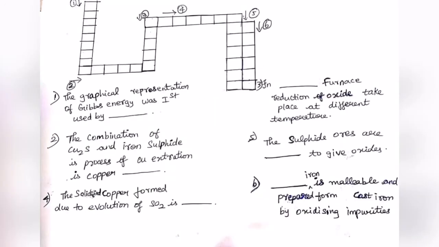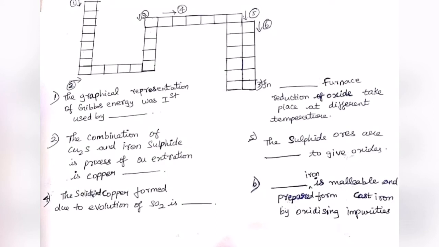Now it is very interesting for you. It is a crossword puzzle. The first one: the graphical representation of Gibbs energy was first used by dash. Second: the combination of copper sulfide and iron sulfide in the process of copper extraction is copper dash.